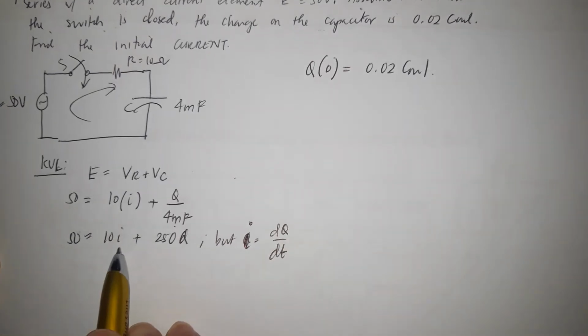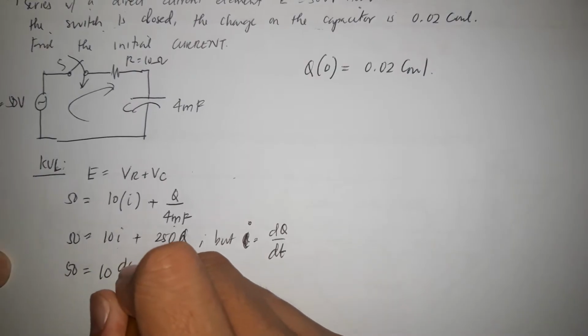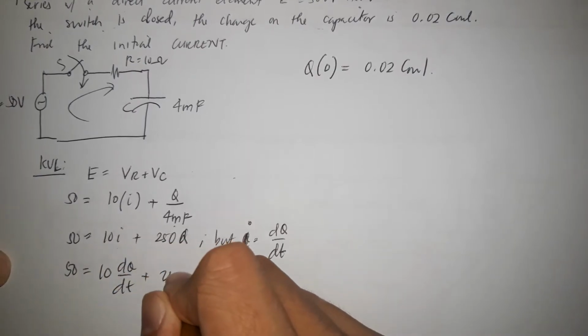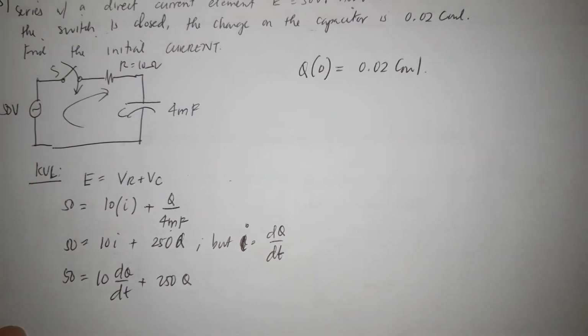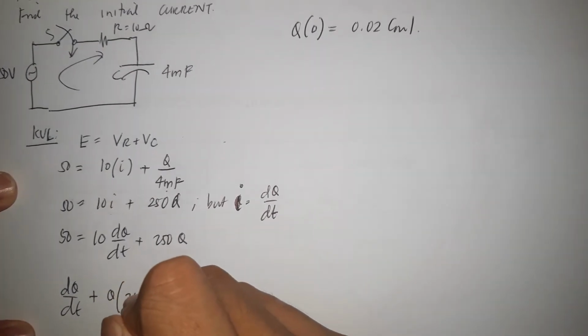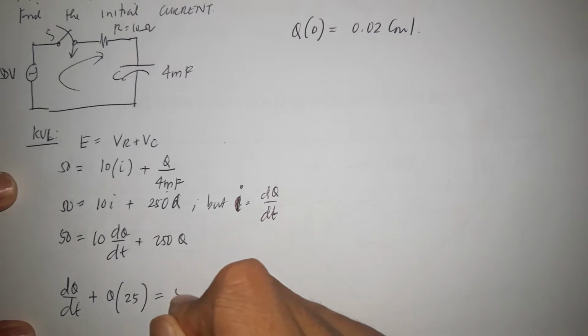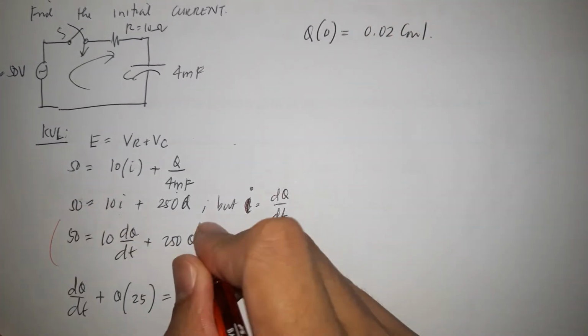So substituting dQ/dt there, that gives you 50 is equal to 10 dQ/dt plus 250 Q. So by dividing this all by 10 and rearranging, that gives you dQ/dt plus 25Q is equal to 5.